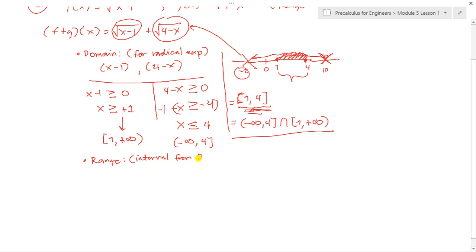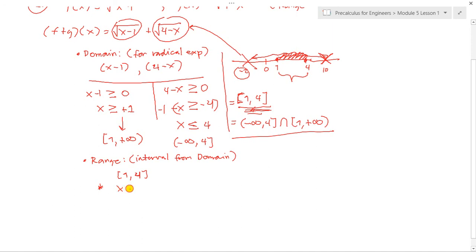Since we only have one interval, which is from 1 to 4, we only have one test value, right? So here substitute any number from 1 to 4.